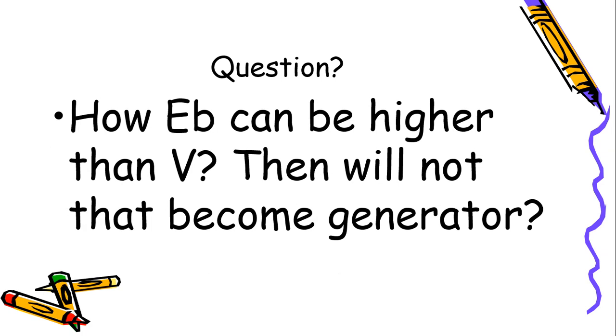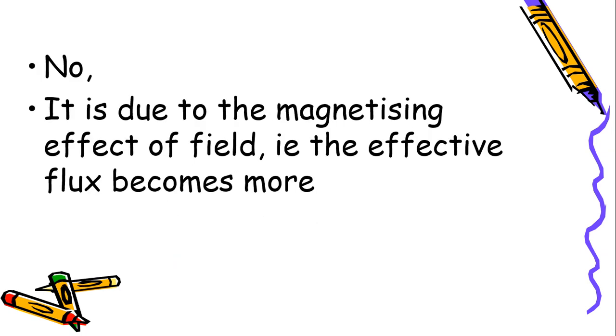Now many trainees have asked the doubt: how can the EB be higher than V? If one voltage is increased, it will not be taking a current. Why is it like this? Can you answer? Actually, it is due to the magnetizing effect of the field.